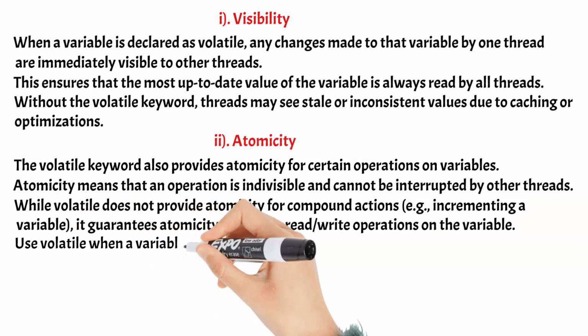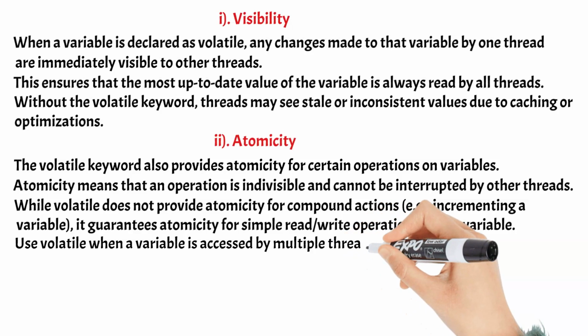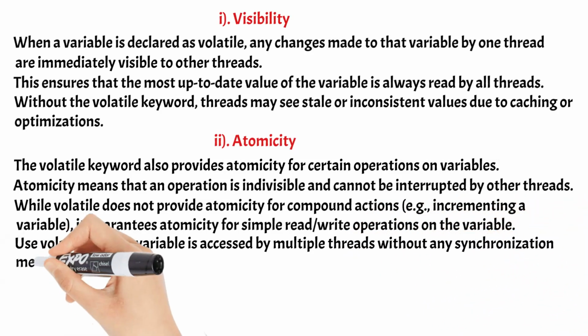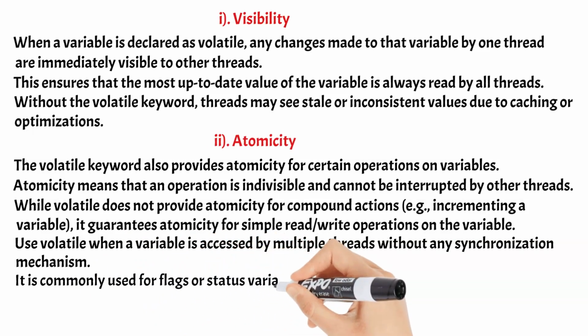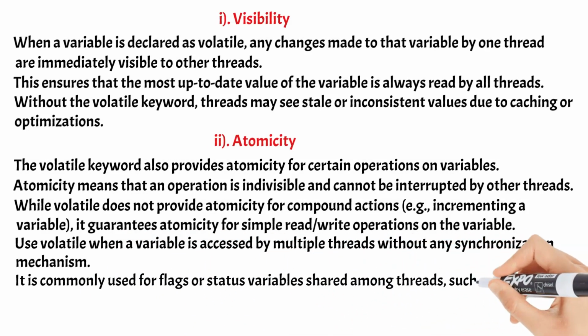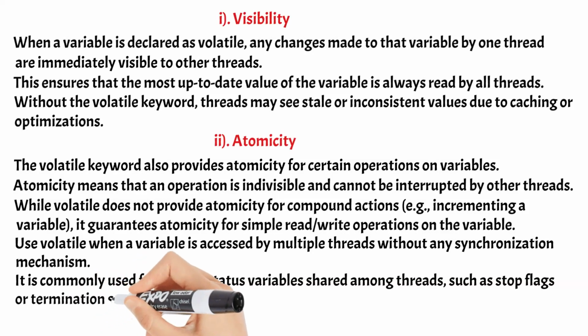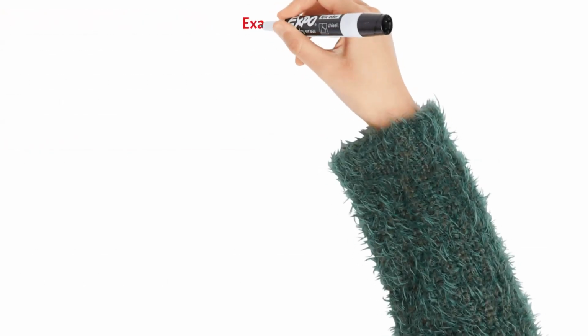Use volatile when a variable is accessed by multiple threads without any synchronization mechanism. It is commonly used for flags or status variables shared among threads, such as stop flags or termination signals.